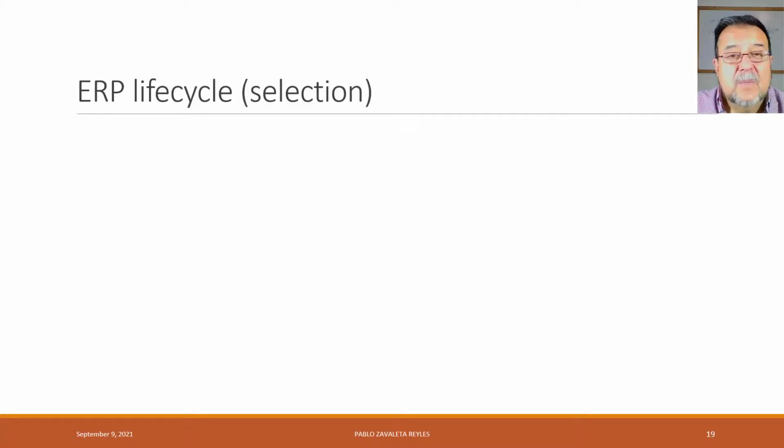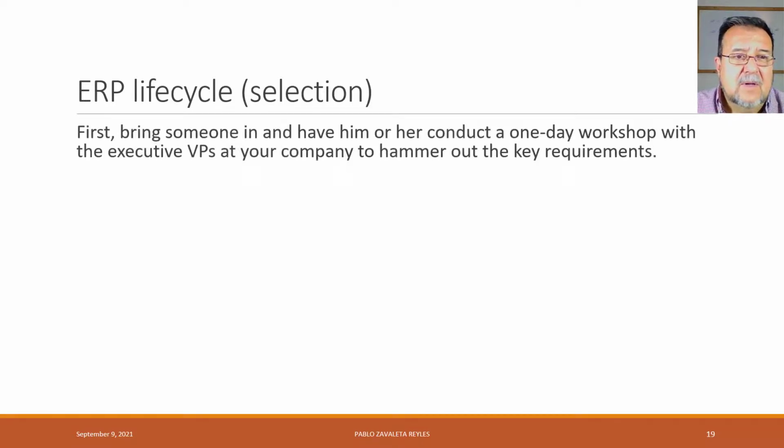And regarding the ERP, you should know essentially the life cycle. It begins by you having to bring a consultant or someone who knows what is going on with ERPs, what the functions are that are available, what we can do with them.